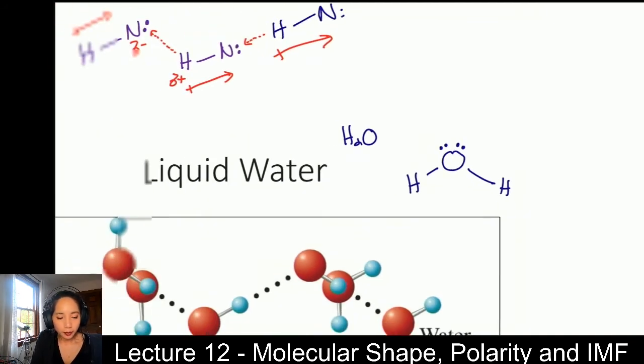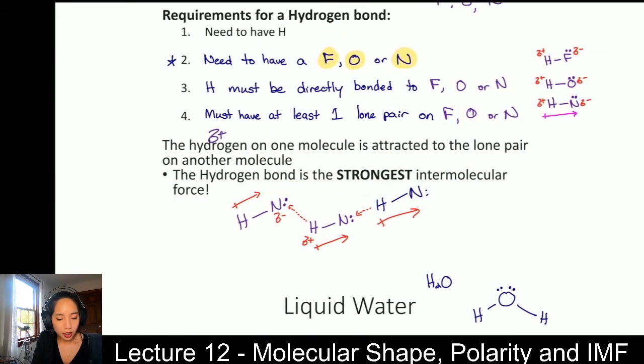So if we look back at our rules for hydrogen bonding, you need to have a hydrogen. There's a hydrogen. You need to have an oxygen, fluorine or nitrogen. We have an oxygen. It has to be directly bonded, which it is, and then we need to have 1 lone pair on your electronegative atom, which we do. We have one here. Or again, if you're just looking for these specific cases, we have that in water.